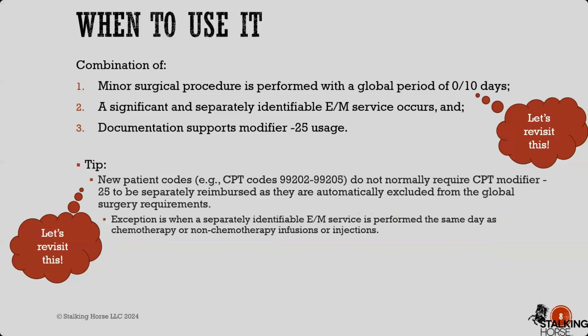So let's talk about some tips here. New patient codes, interestingly, so 99202 through 99205, do not normally require modifier 25 to be appended to them in order for those new patient codes to be reimbursed separately. Normally, they are automatically excluded from global surgery requirements.